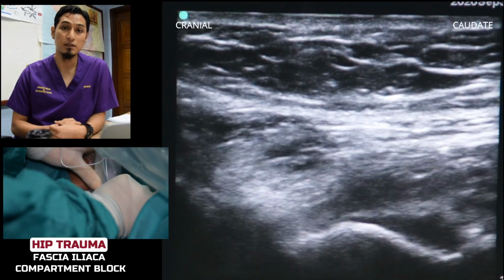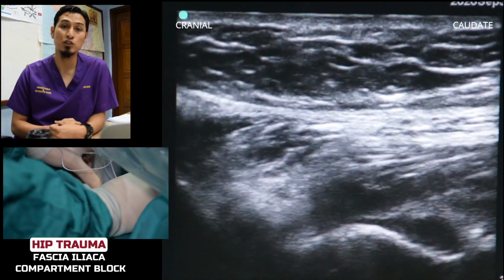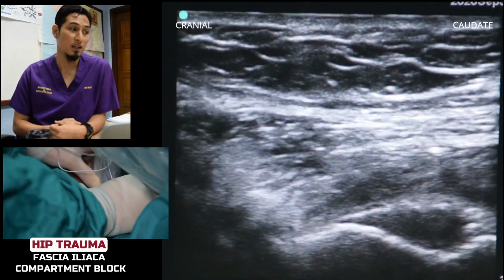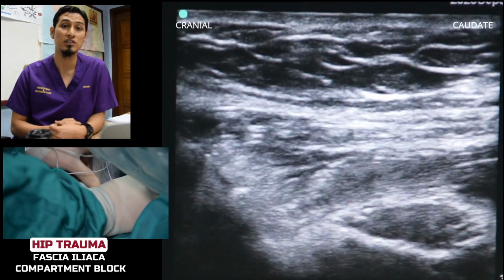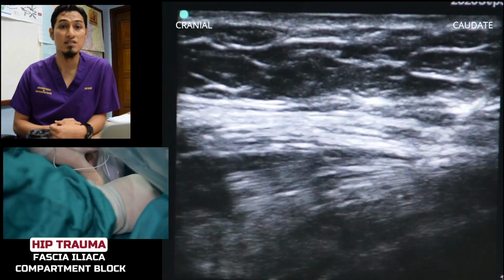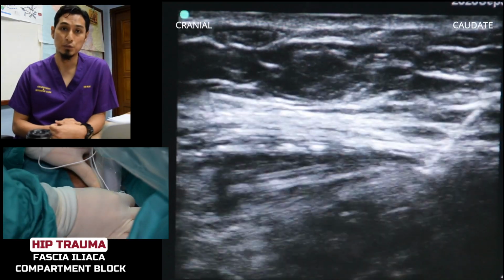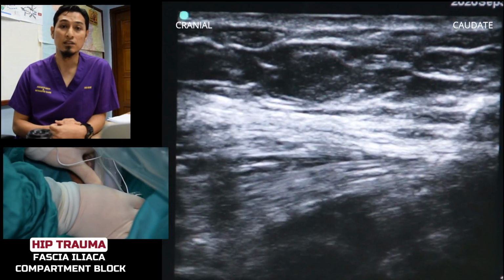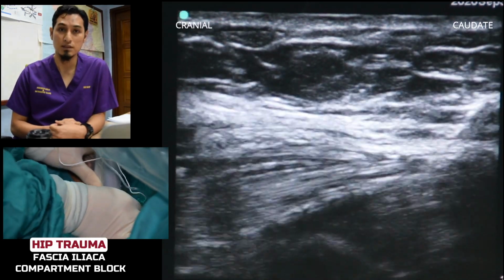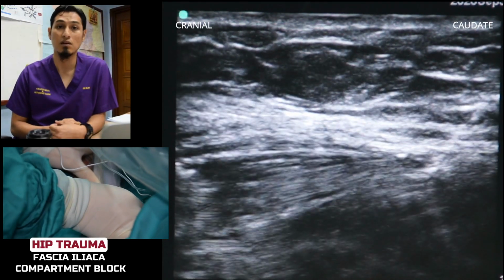Once we are here, we aspirate and make sure there is no blood. If it's clear, we are going to inject our LA. We are using ropivacaine 0.2%, 20 ml of volume. We can use up to 40 ml as long as it does not exceed the toxic dose.